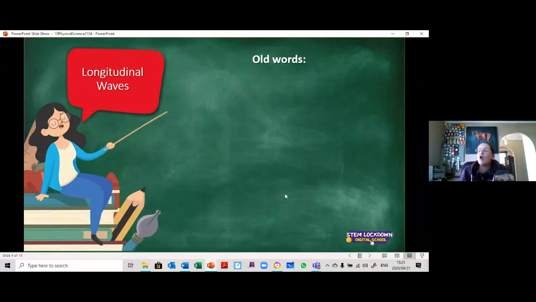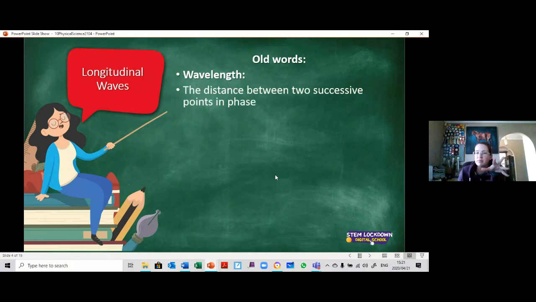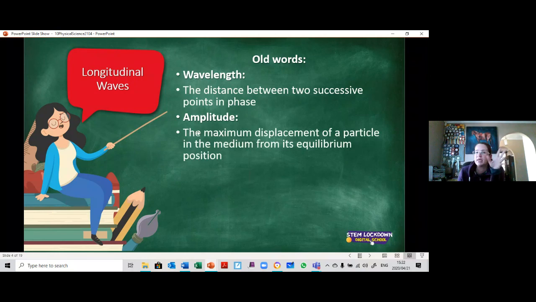Now the old words that are the same for transverse and longitudinal waves. Wavelength, definition is the same. Distance between two successive points. The amplitude is the same. It is the maximum displacement of a particle in the medium from its equilibrium position.